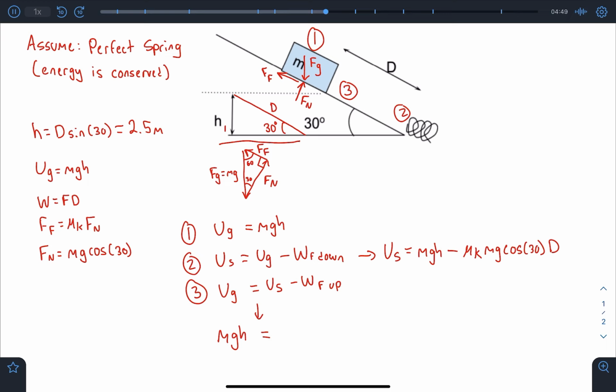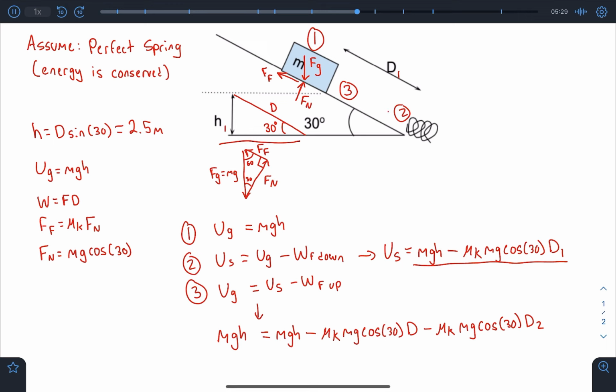That is equal to our spring potential energy, which we just wrote right here, minus the work done by friction on the way up, which is going to equal mu sub k times mg cosine 30 times d2, the distance it travels on the way up. So we'll call that first distance d1, and the second distance on the way back up d2.